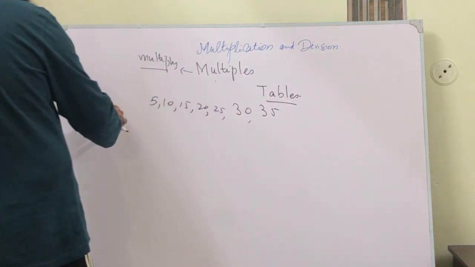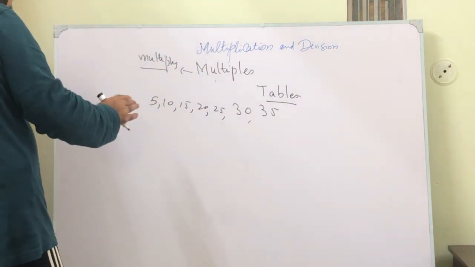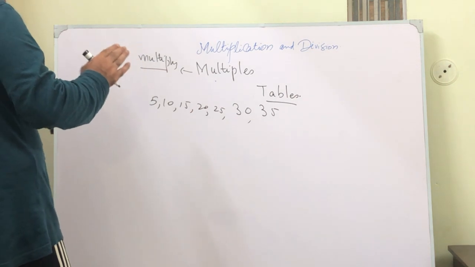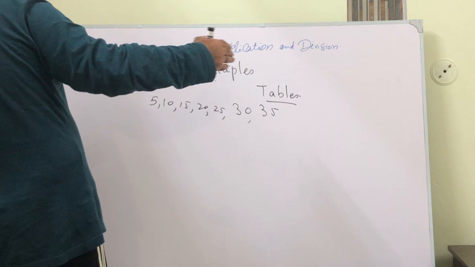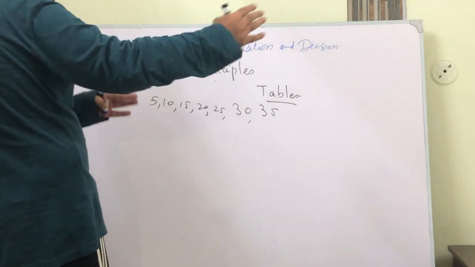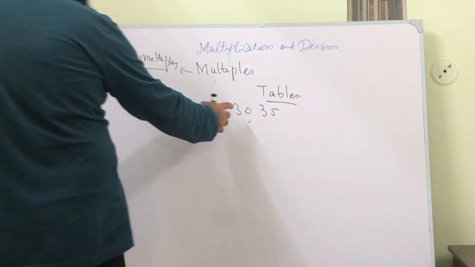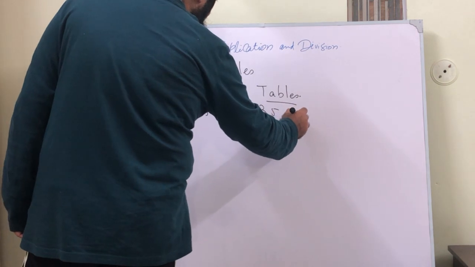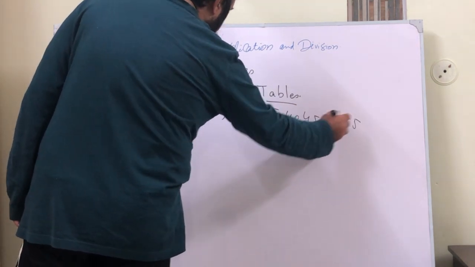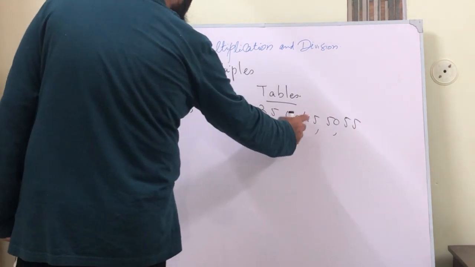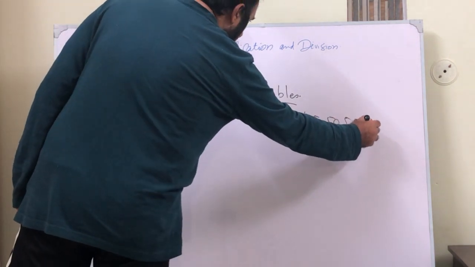This is the table for 5. We are writing the multiples of 5, so these are given, and we need to complete the table of 5 for 7 more numbers. 30, 35, then we know 40, 45, 50, 55, and then 60.